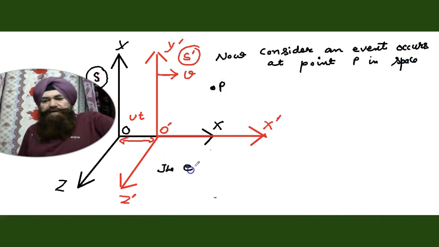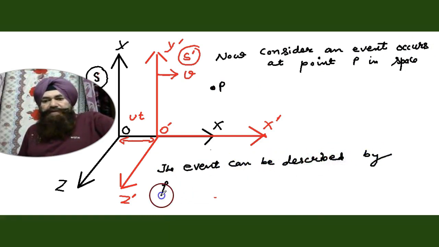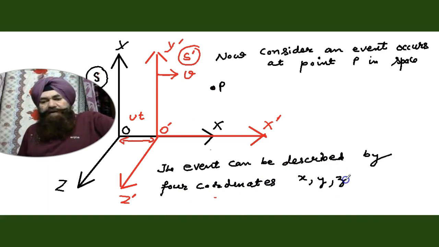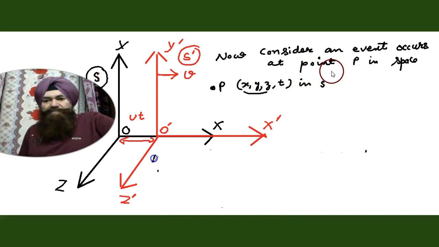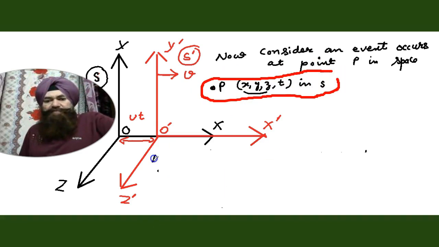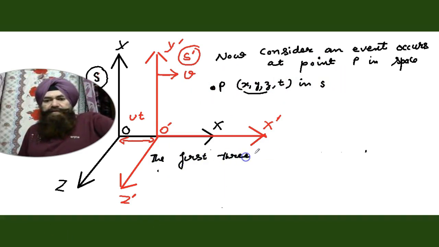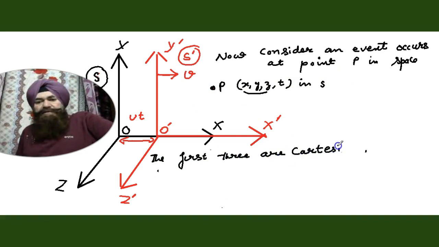Now consider an event occurring at a point P here in the frame S. What is that event? The event may be the collision of two balls, and that event can be described by the four coordinates x, y, z and the time t in the frame S. So I'm writing the coordinates for the frame S. These are the coordinates of the point P with respect to the S frame.